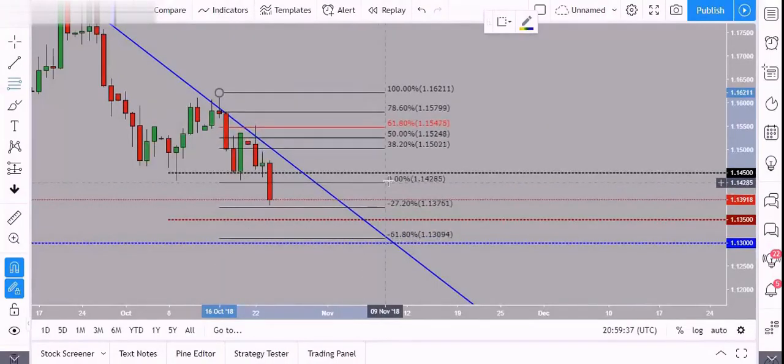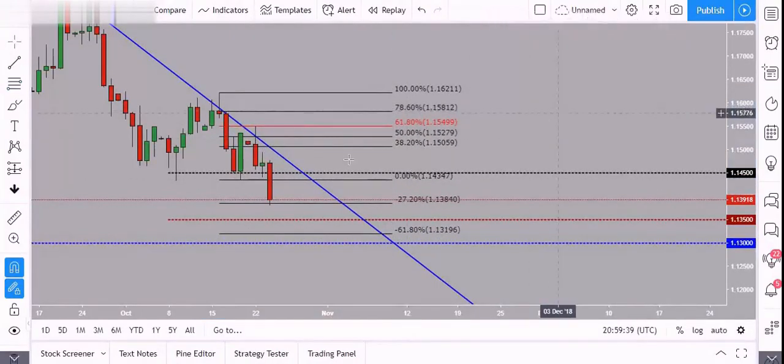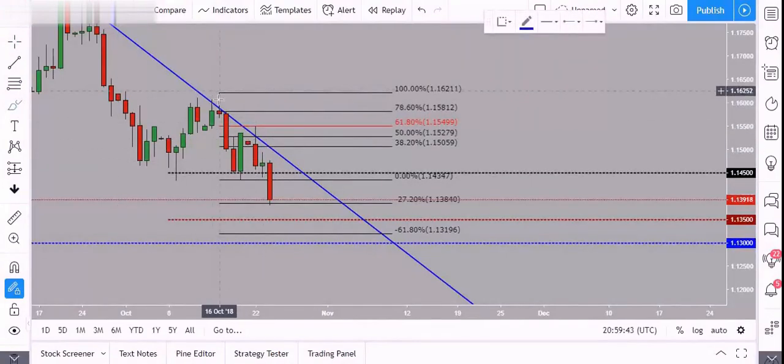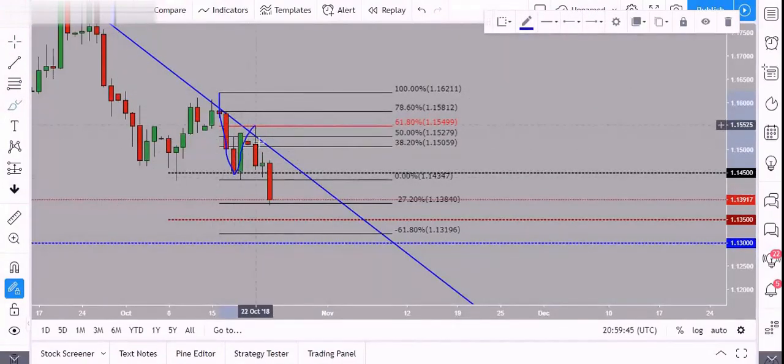High to the low, and right now I will get the minus 27 target on the daily. Down, up, and right now this is a daily take profit. What it means? It means that maybe the market will go up to tap the trend line, complete the W formation, and then will go to the weekly take profit.